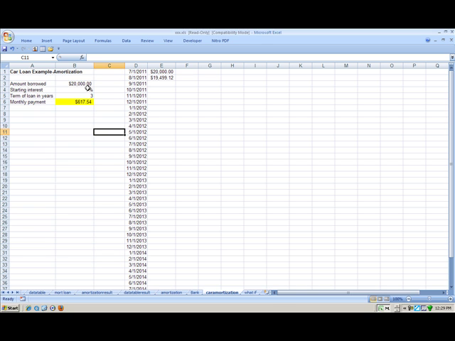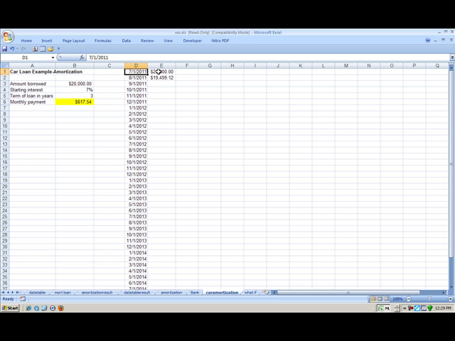So we're going to create an amortization table over here. We're going to enter the beginning value, that is the date we are going to start paying it off. And I already copied down, but you can copy down for the next 36 months, and we can use autofill to do that.